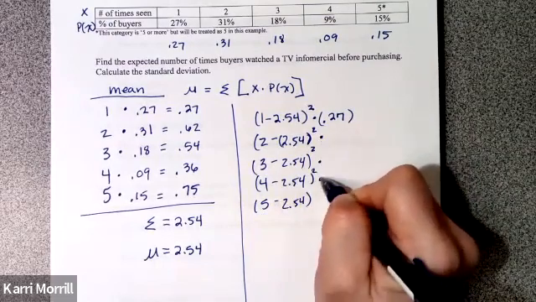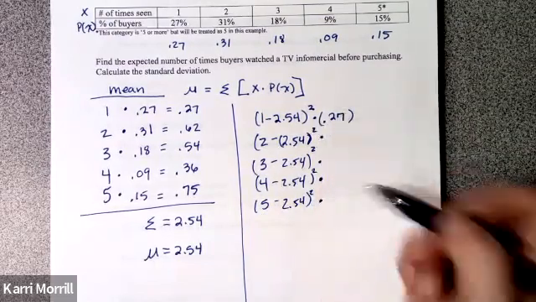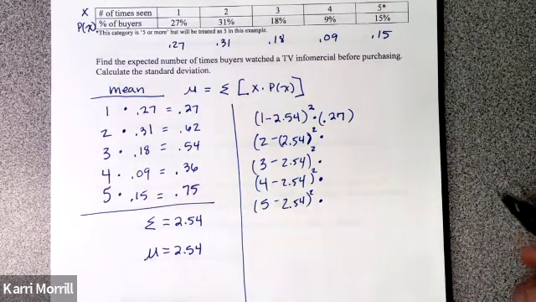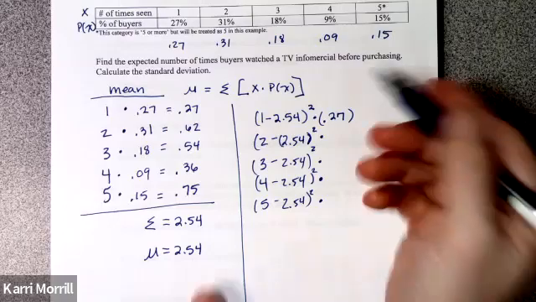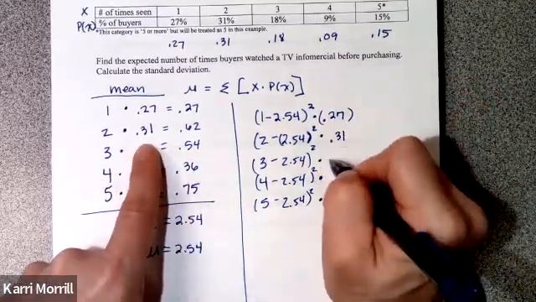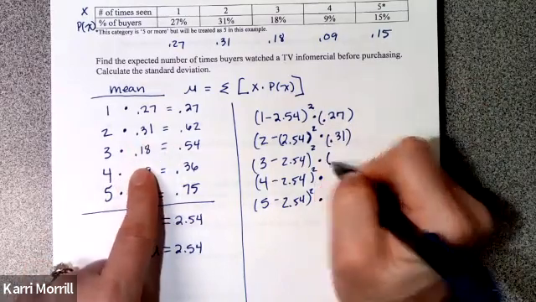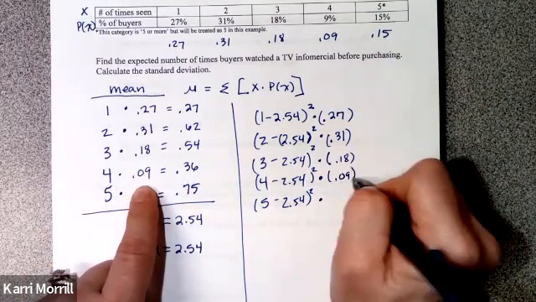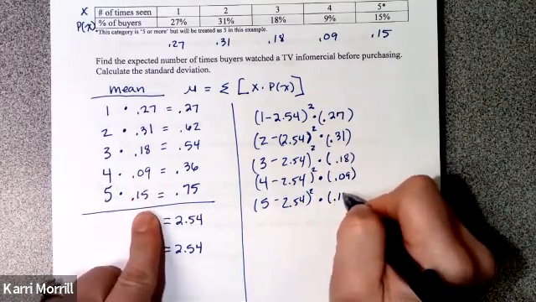Okay. So I've got the left-hand side of the operation all done. Now we're going to do the right-hand side where I need to multiply times its probability, which is just right here. And then I'm going to pause the video and do all the calculations and then rejoin.